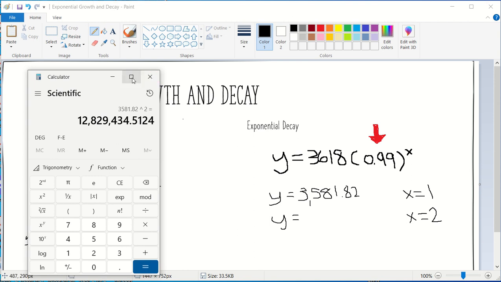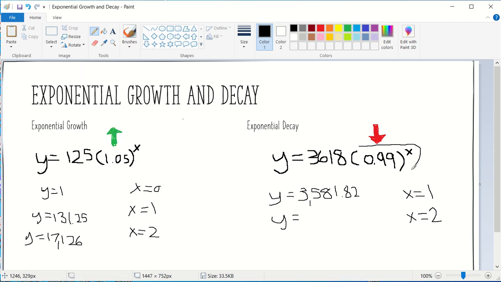Oh, sorry, let me tell you about order of operations. If you did it this way, you would have done it wrong because you've got to do the exponent first. This is important.